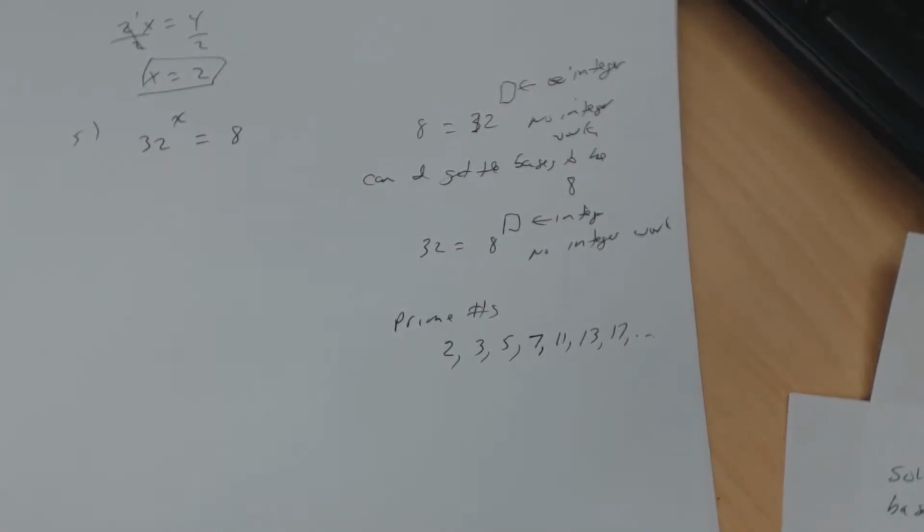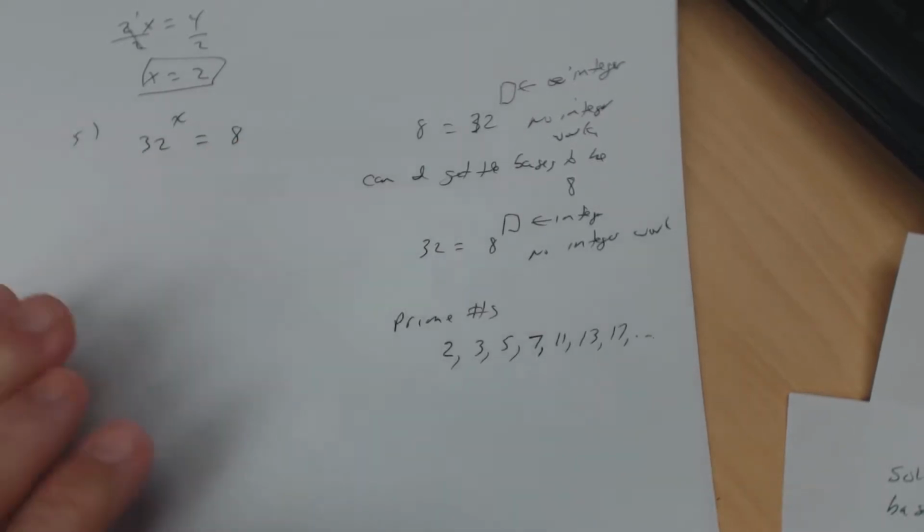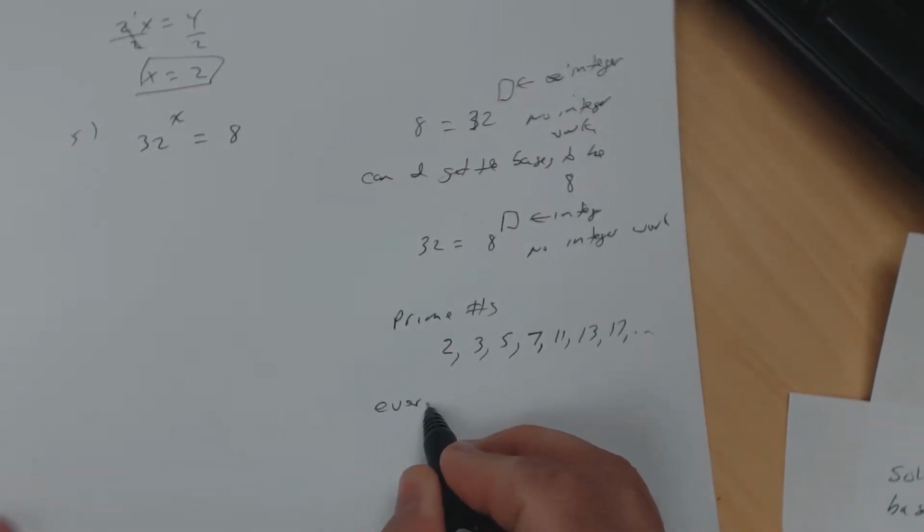Okay? It turns out that 32 and 8 are composite numbers. In a previous course, you learned that every composite number can be written as a product of prime numbers.